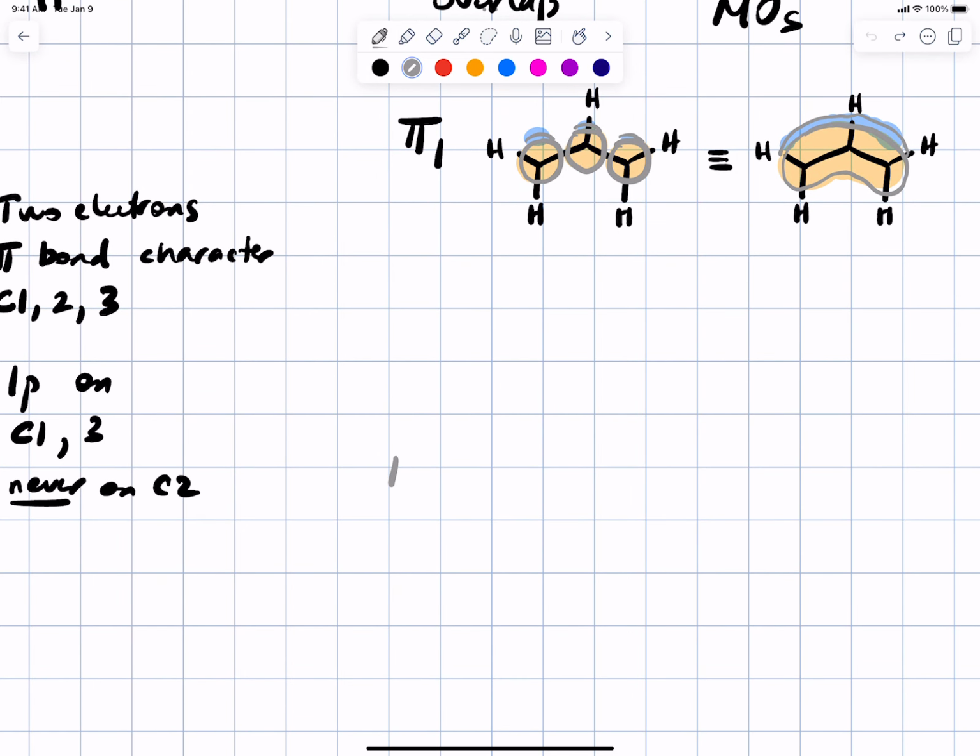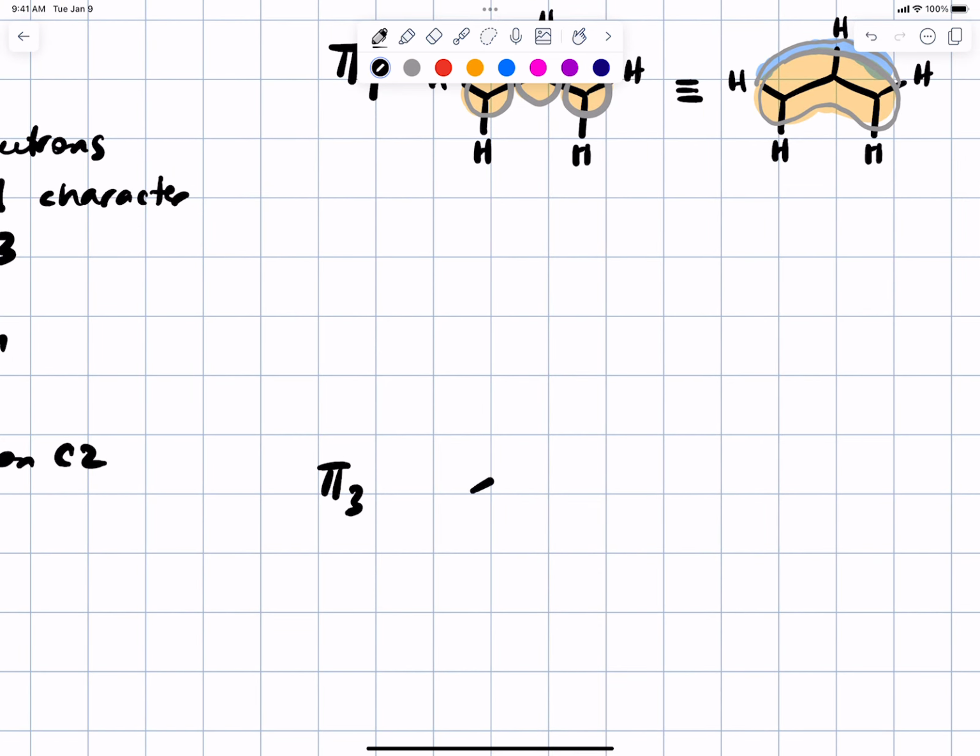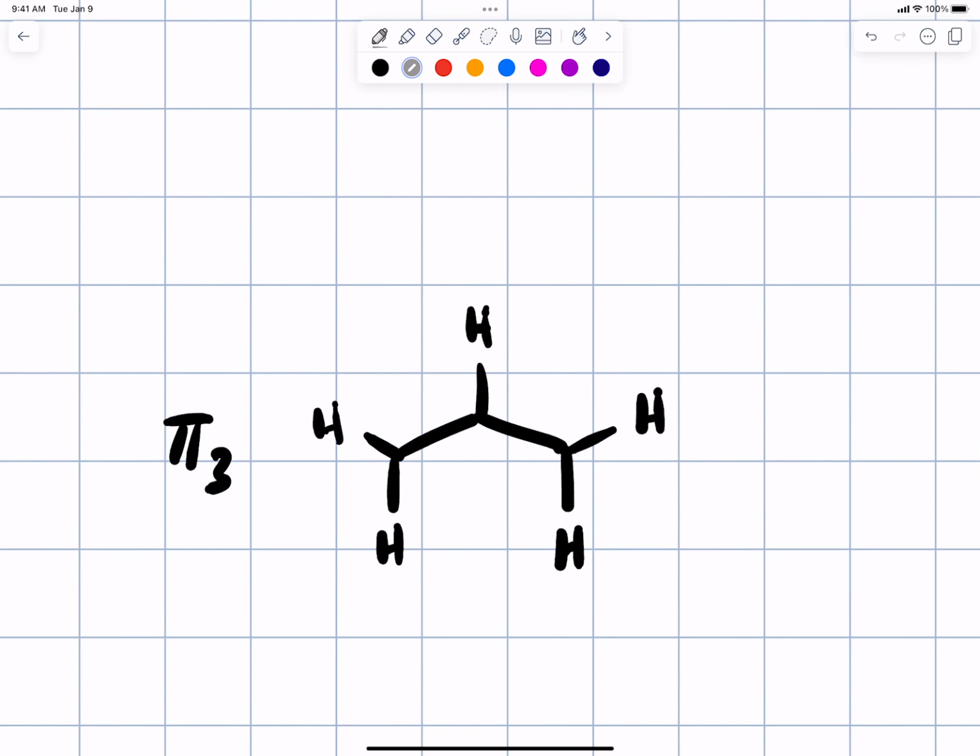I'll draw for you what the highest energy orbital looks like, pi 3. Here again, I'll draw the framework of the sigma bonds, and I'm not going to draw the pi bonds or the lone pairs. Pi 3 we get from side-by-side overlap of the 3 p orbitals, but with opposite wave function signs, such that there are nodes, or places where wave function goes to 0.